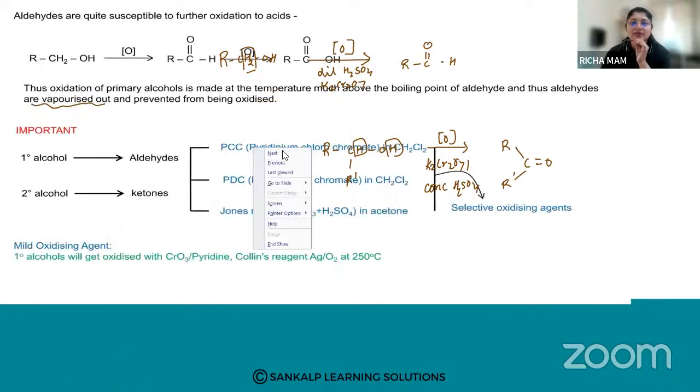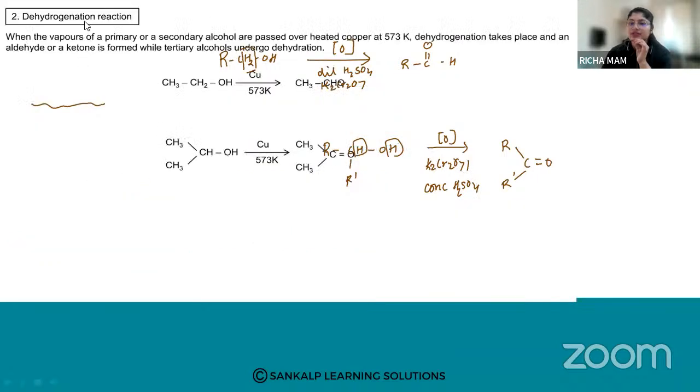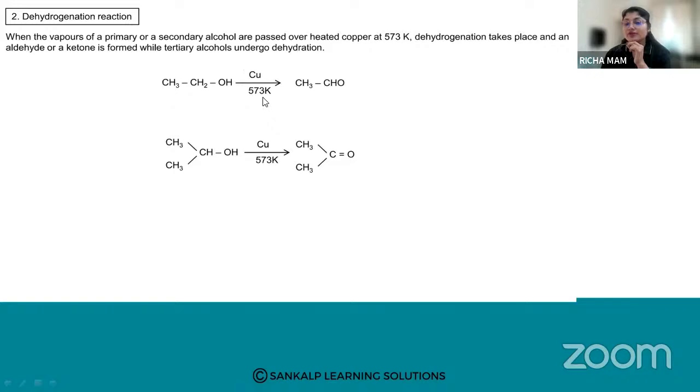Then the second method of preparation, which we had seen, was the dehydrogenation reaction. Dehydrogenation means removal of hydrogen, the H2 molecule. So this is a dehydrogenation reaction.